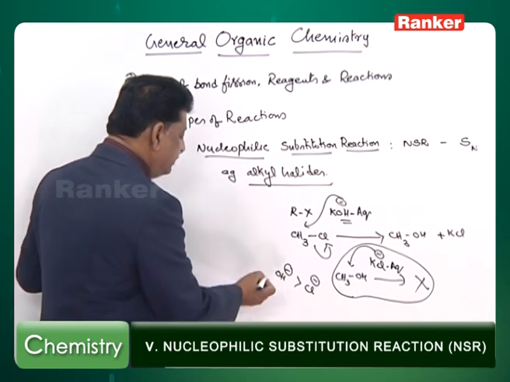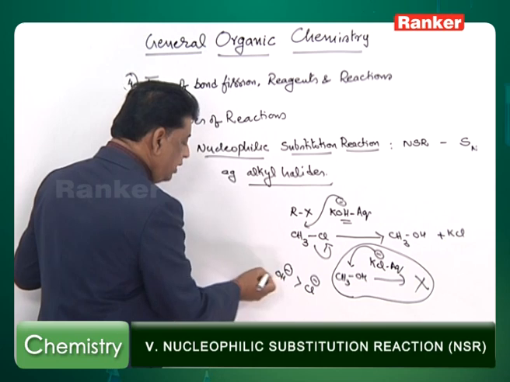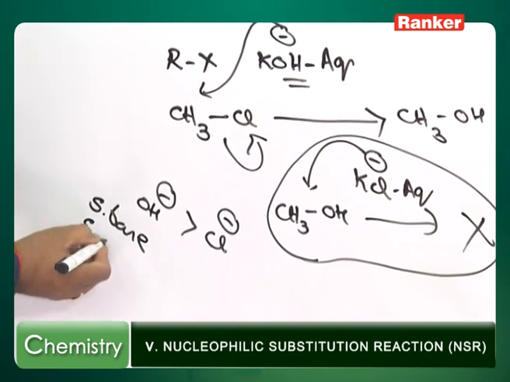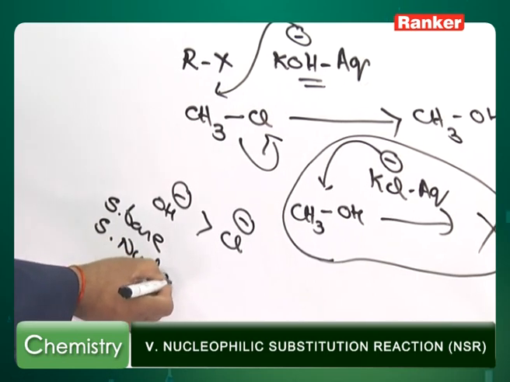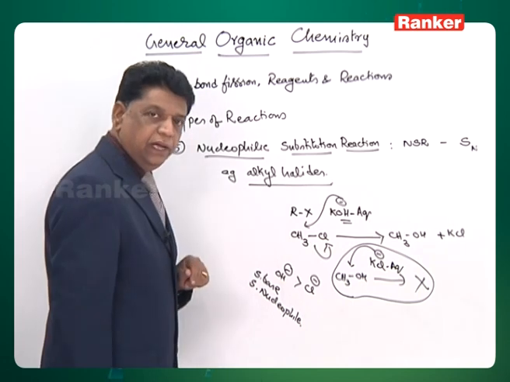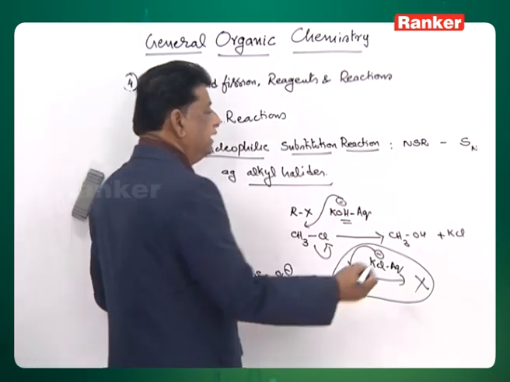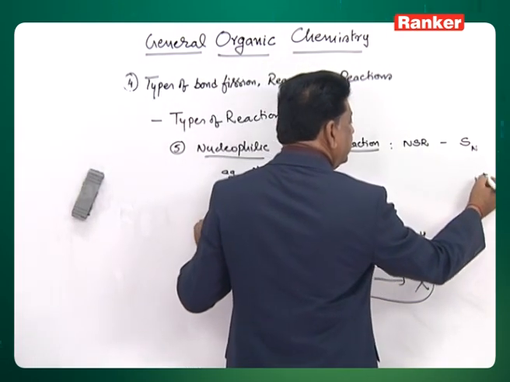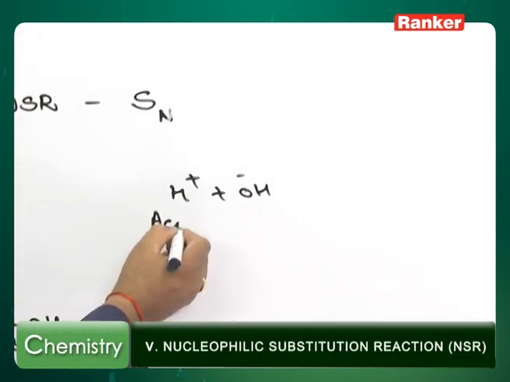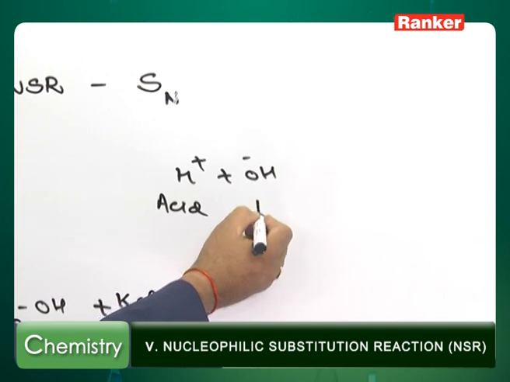The Cl minus is weaker, and the OH minus you may call a stronger base or a stronger nucleophile. Many a time the base is nothing but the nucleophile. Base means, for example, if H plus reacts with OH minus, this one I call the Lewis acid, and the other one is the Lewis base.